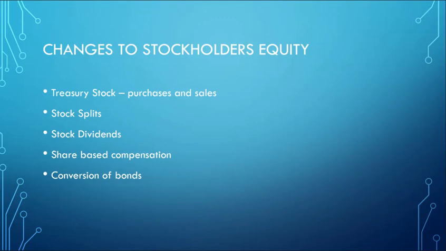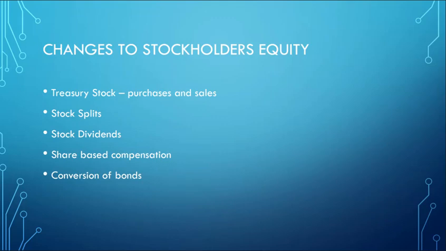Using the cost method, when you buy this treasury stock, you're going to debit treasury stock. You're actually going to have an account on the balance sheet in the equity section. You're going to debit that for the cost, and you're going to credit cash.